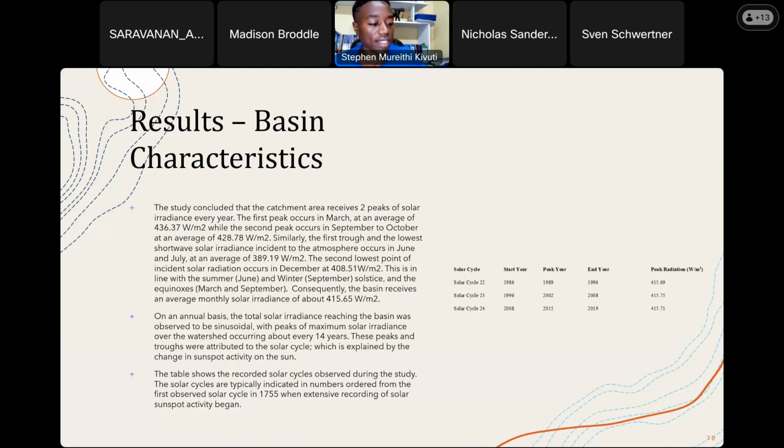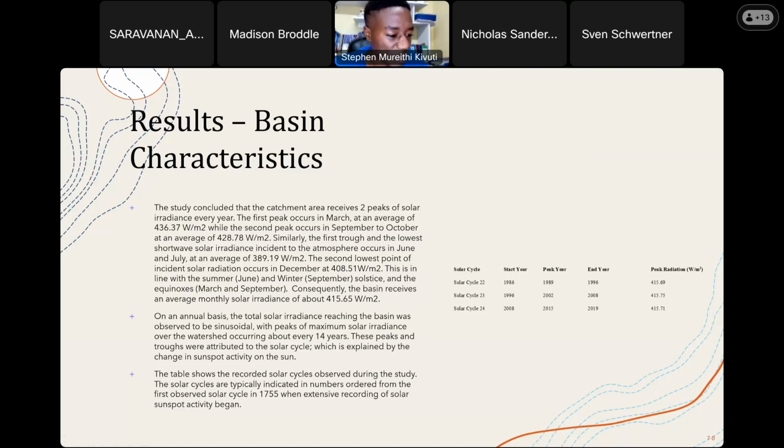So these are basic characteristics. There's a lot of information there, but what you need to derive from this is that the amount of solar radiation coming into the atmosphere matches the solar cycles as they have been established. You can see we've provided their start years, peak year, end year, and how they are used for the project.